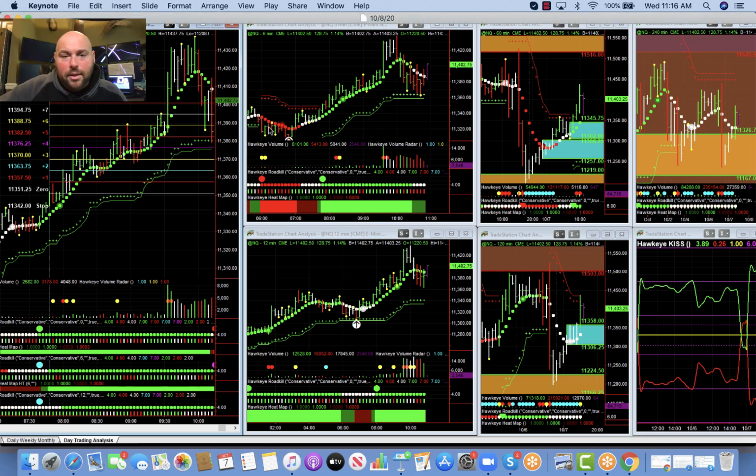We saw basing. We saw resumption. We saw presence of buyers come in. We saw all that. And right here where you have this big red top, where this red bar placed a high, it was safe to say that was where the market was going to turn. And what happened? It placed its high, and it started to sell off again.